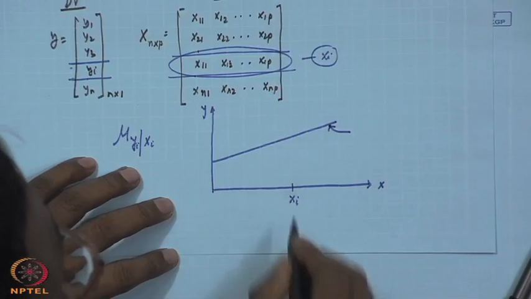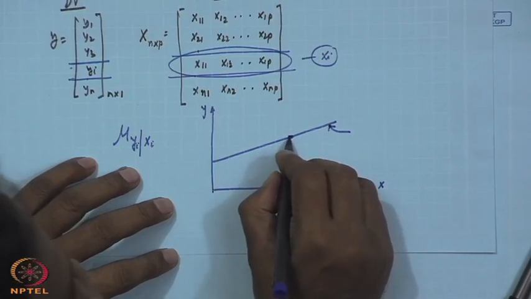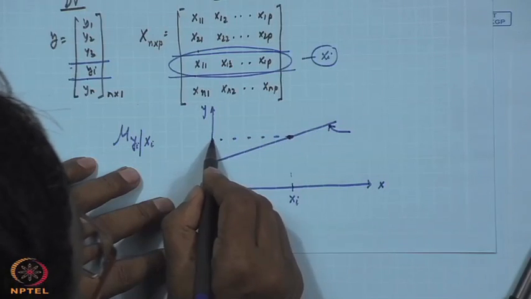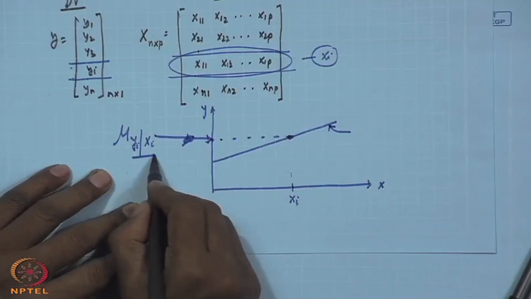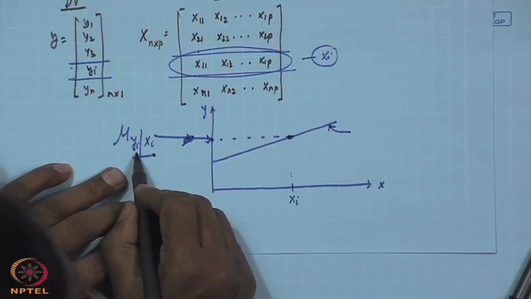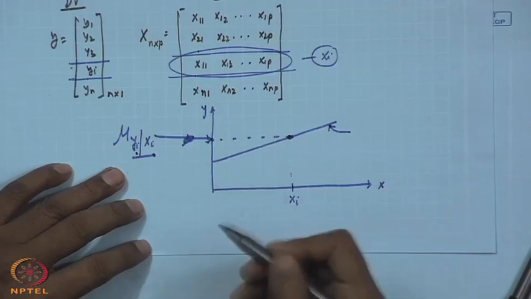If you go like this, you will meet the line and get this point here. What is this value? This is nothing but mu, the mean value of y for the ith observation, given the ith observation.